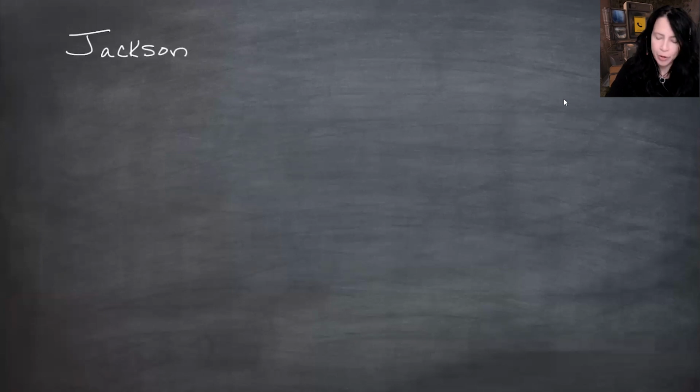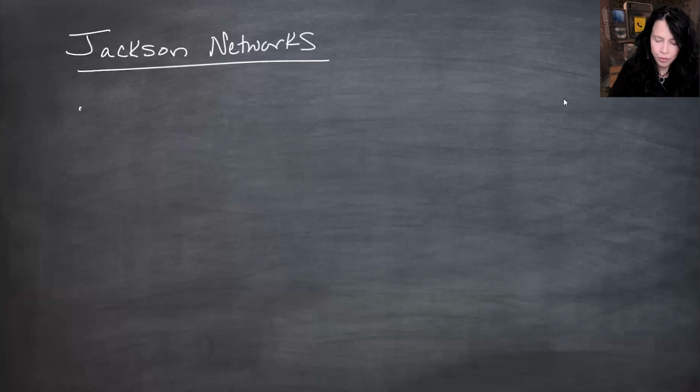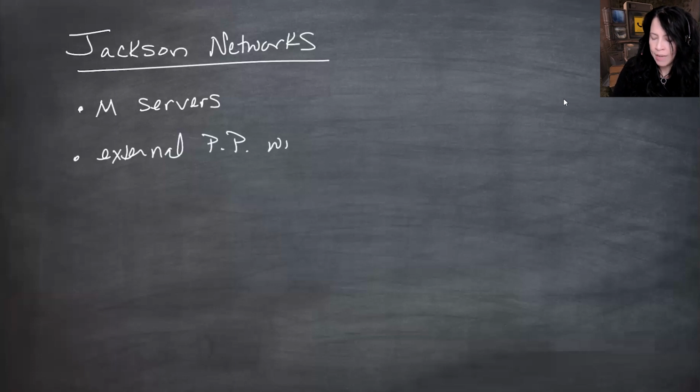Maybe. So Jackson networks, our first queuing network, our only queuing network. We're not going to spend that much time in here on other queuing networks. Here you have some number of servers. I'm going to say capital M servers. You have an external Poisson process with rate lambda arriving into the system.